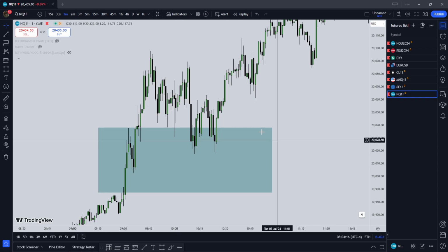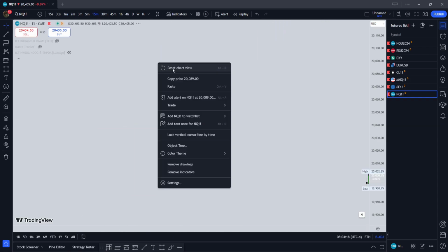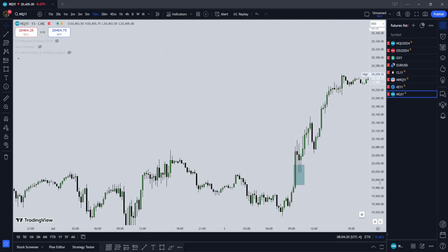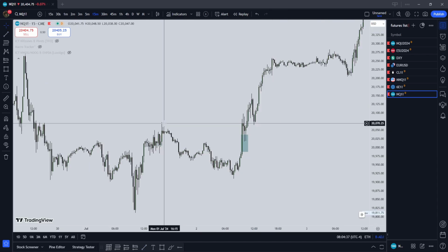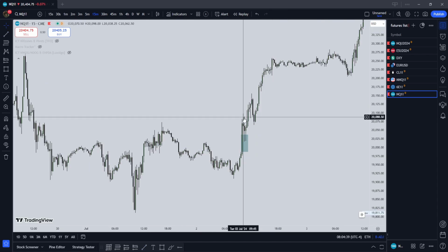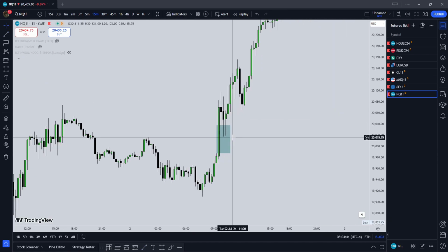This is the difference between liquidity run and liquidity grab, because this is not a liquidity grab to go down. This was a liquidity grab to these lows and to go up. This is what liquidity run looks like. This was your external high. From external, price is seeking what? Internal. What is internal?